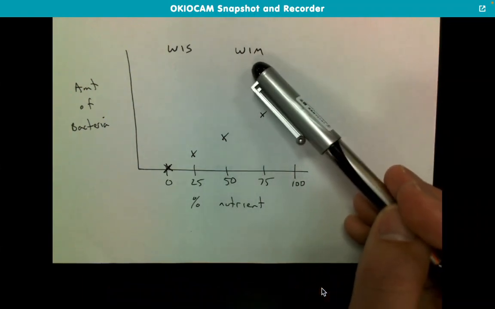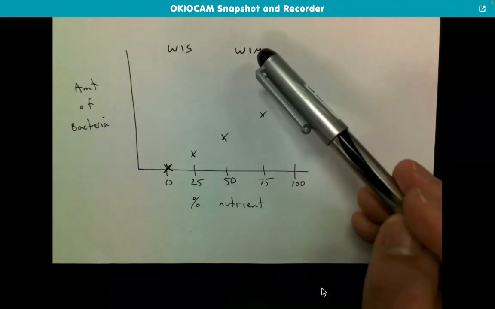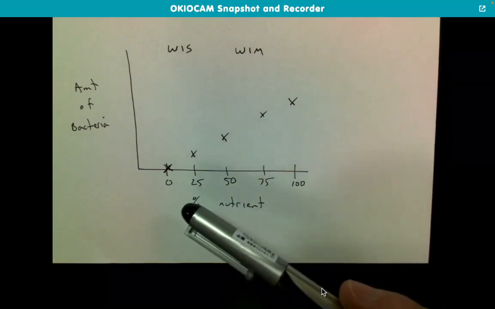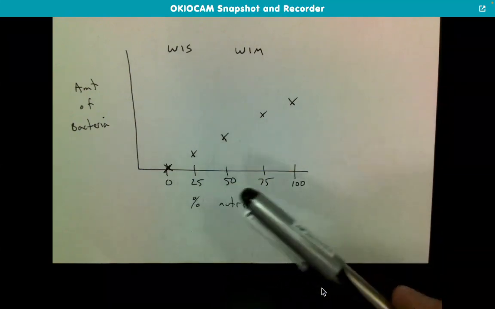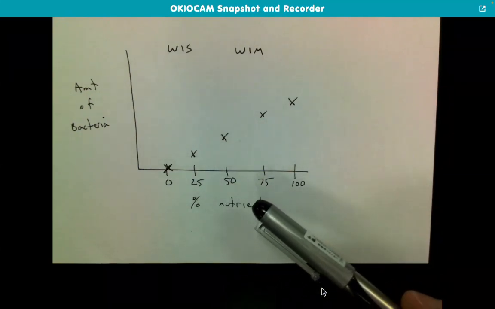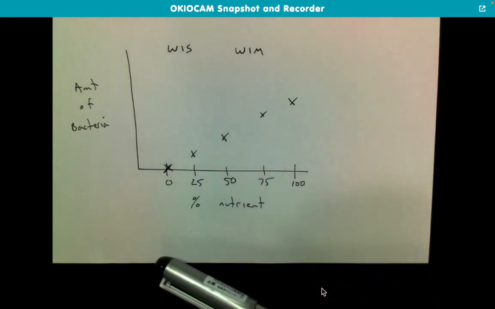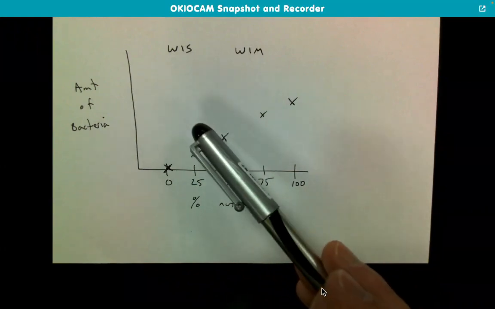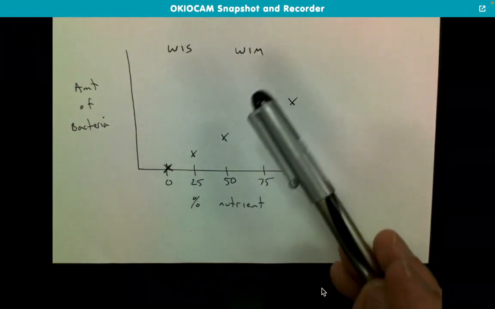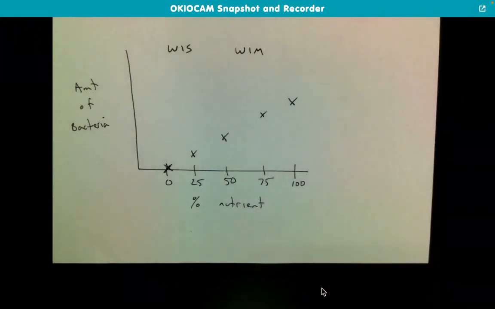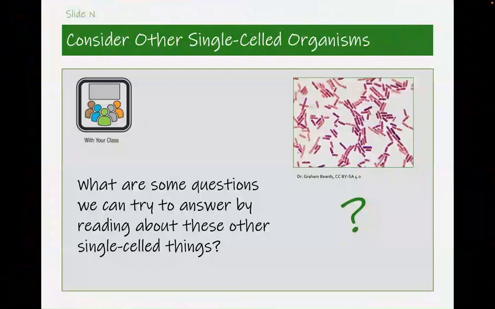What it means is that as we give bacteria more food, it allows them to grow more. And if we take away food, we get less growth. So what I see is what does the graph show me? And then what it means is what information do I get out of the graph when I start thinking about what it's about? So now we got to find out, does this have anything to do with any other single-celled organisms?